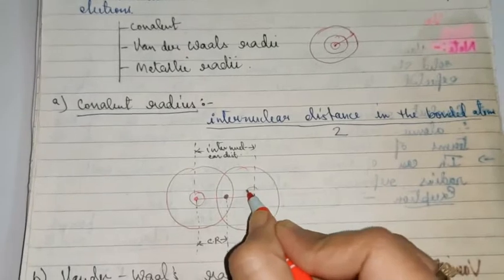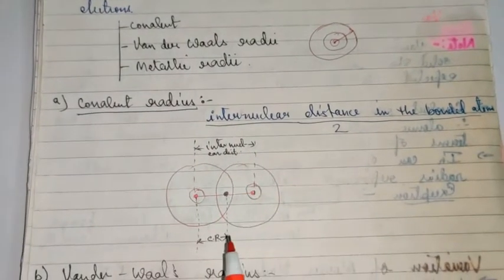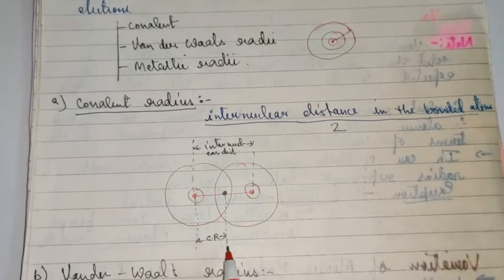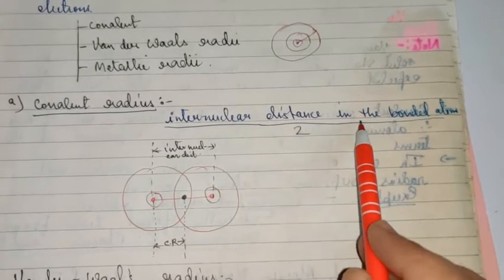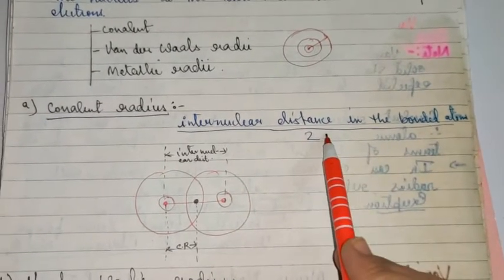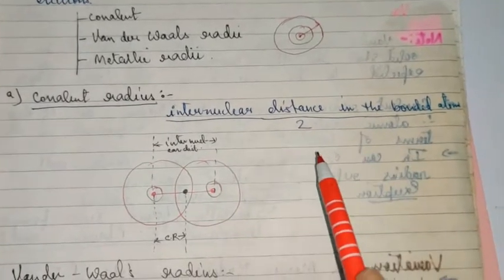Nucleus. So it is referred to as internuclear distance, and half of this internuclear distance is known as covalent radii. So the formula comes out to be internuclear distance in the bonded atoms divided by 2, or half of internuclear distance in the bonded atoms.